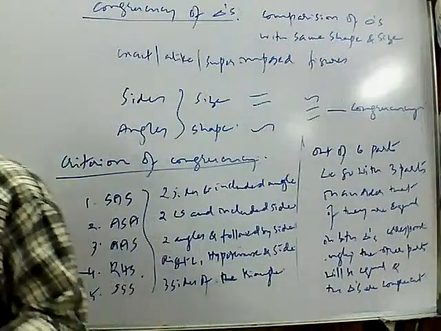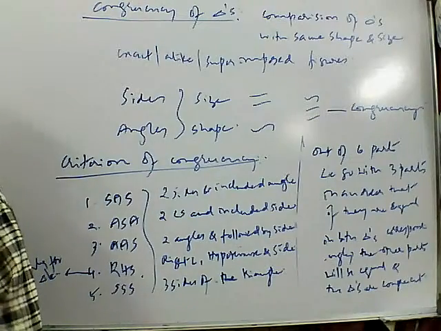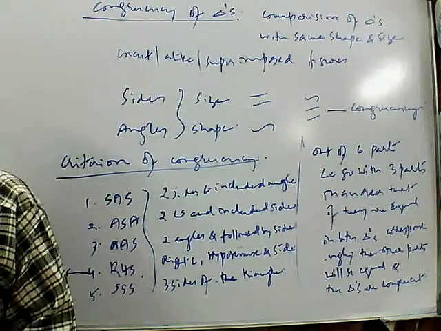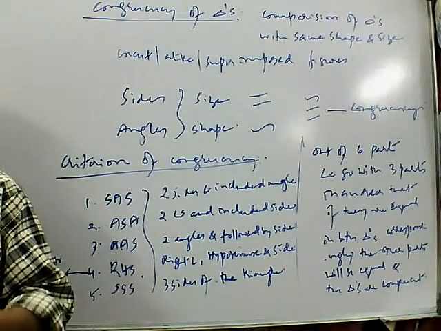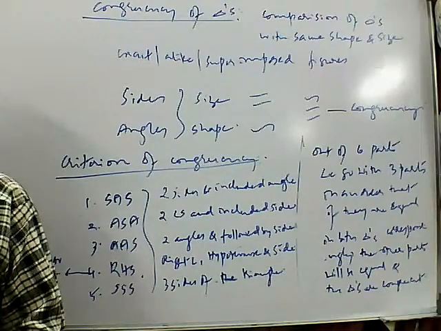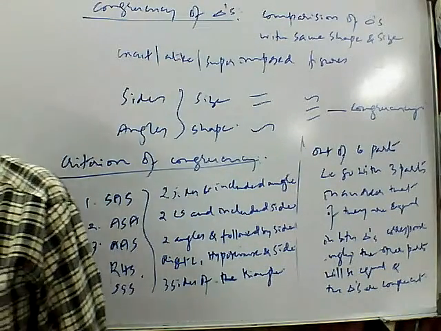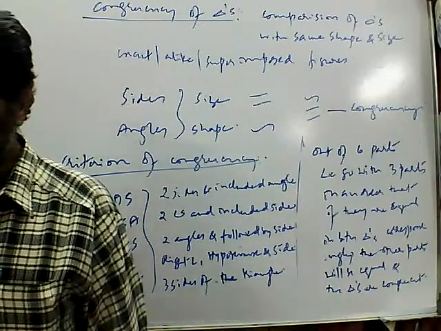Once congruency is established, we go with the corresponding parts of congruent triangles, how they are equal. The necessary condition is that once triangles are established congruent, the corresponding parts are equal. And the sufficient condition is that once the corresponding parts are equal respectively, the triangles are congruent. Okay? Congruency is exact shape and same size.